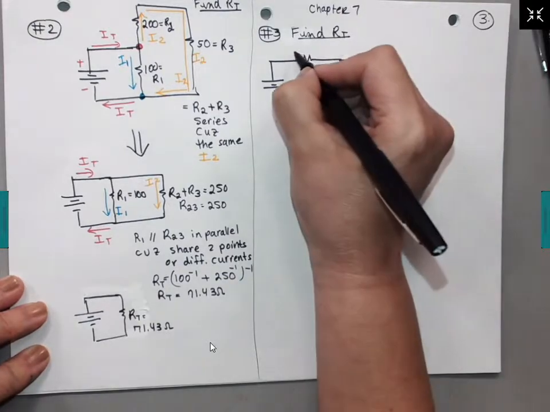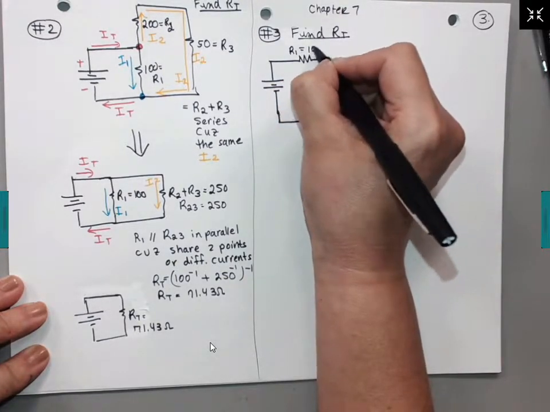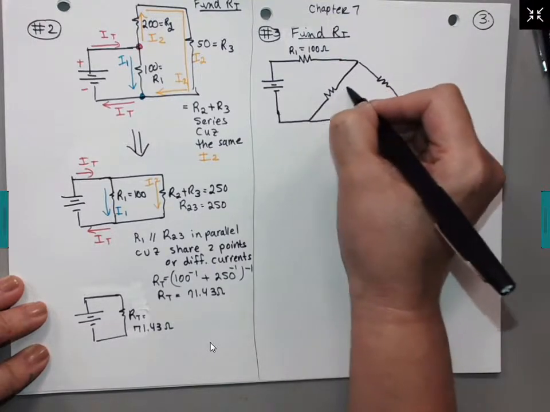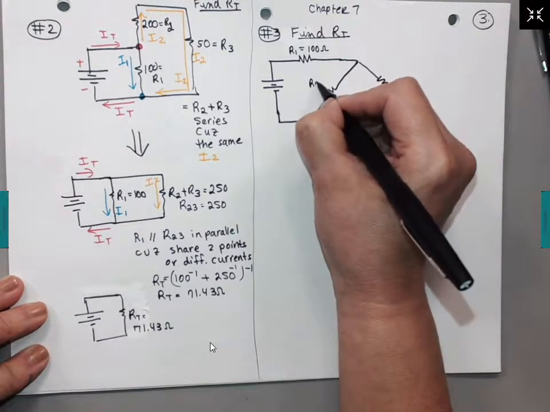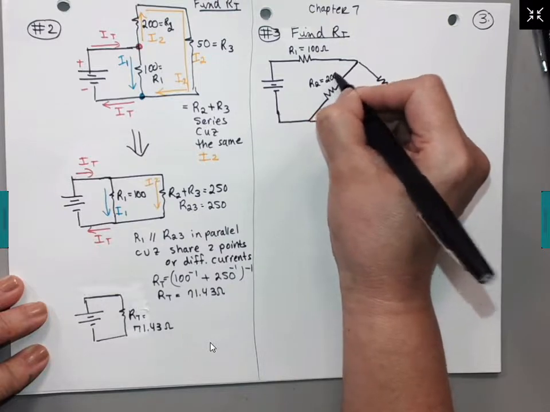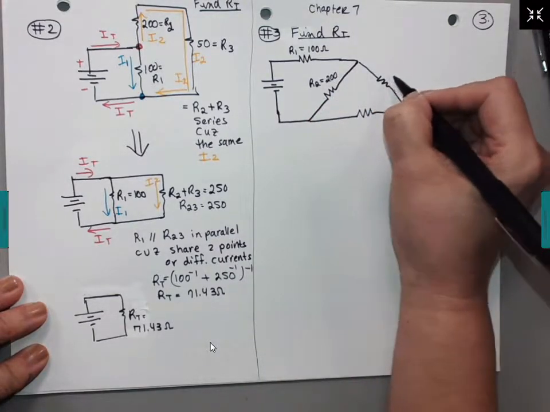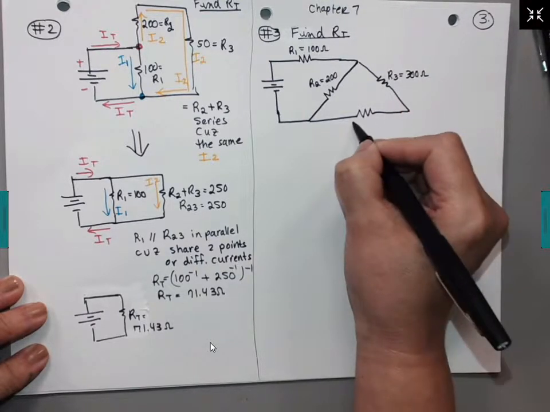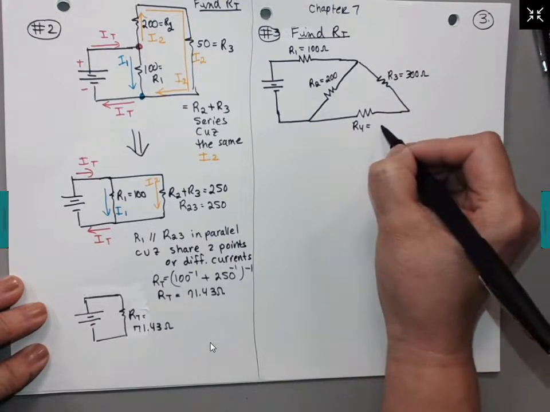R1 is 100. R2 is 200. R3 is 300. And R4 is equal to 100.